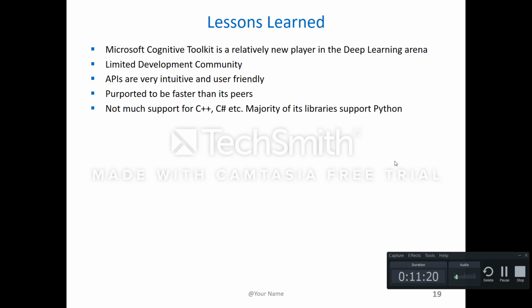So there aren't a lot of examples on Stack Overflow or other websites, though Microsoft and GitHub have a good number of tutorials on CNTK, and the Python APIs it offers are very user friendly and intuitive compared to, say, TensorFlow. Now, a few people do say that CNTK is much faster than its peers, but I don't know. I haven't seen any quantitative data to support that.